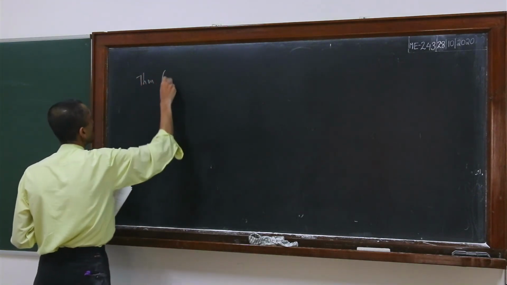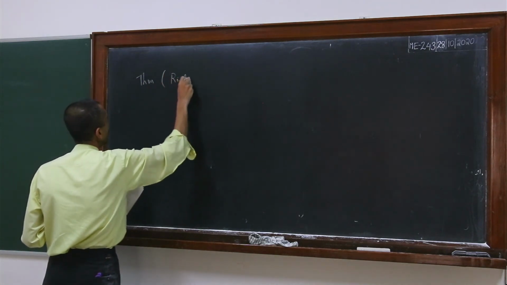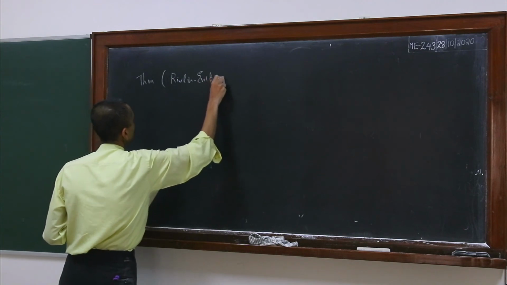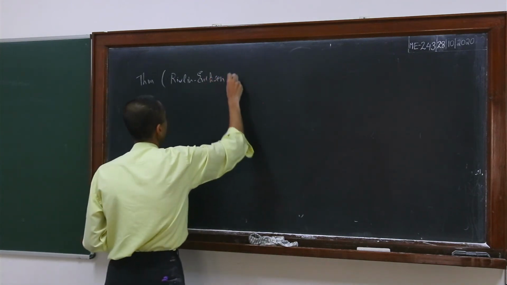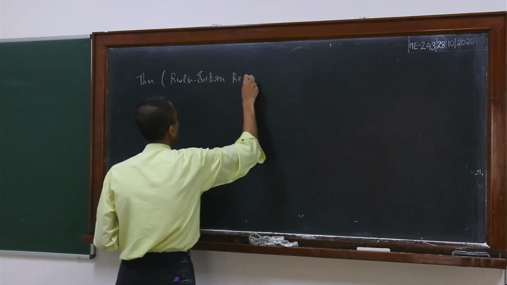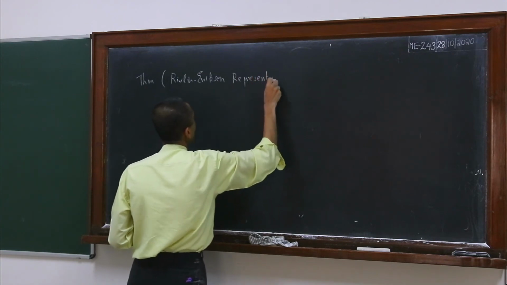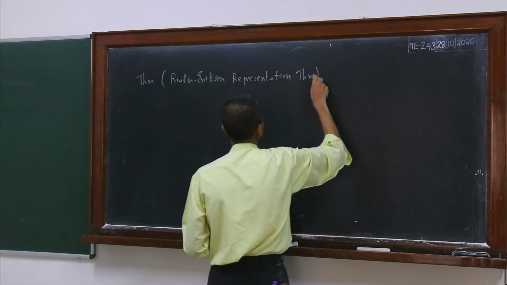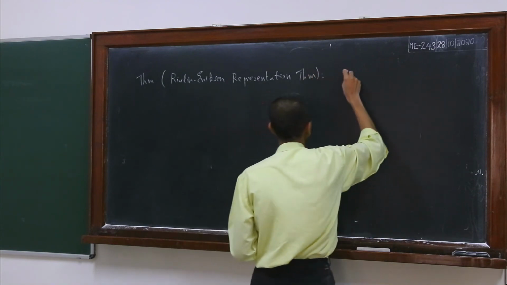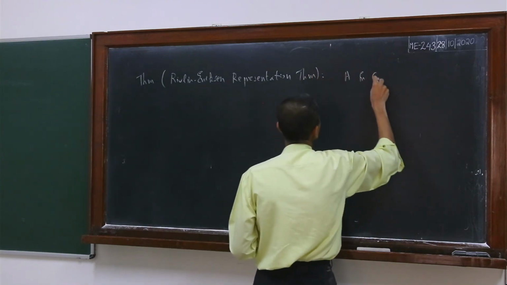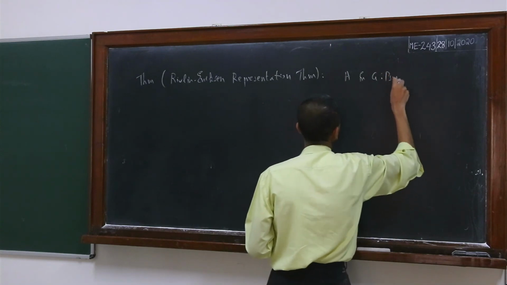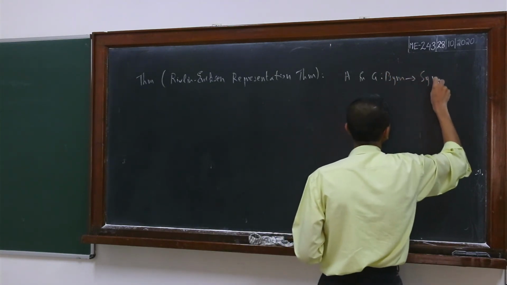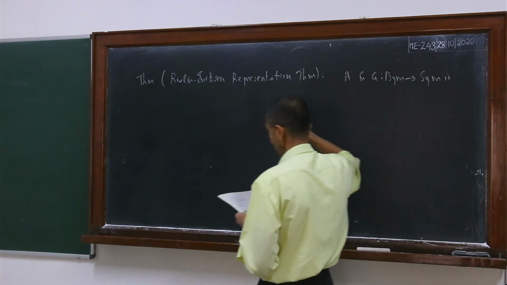This is the Rivlin-Ericksen representation theorem. A function g from symmetric tensors to symmetric tensors is isotropic.